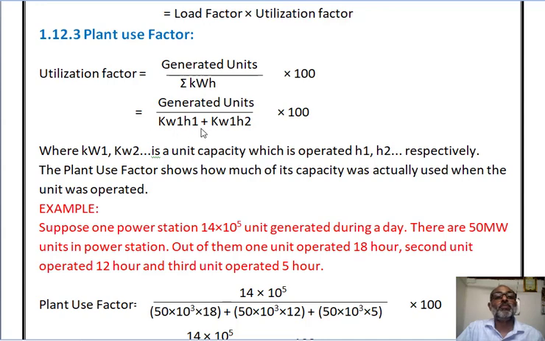If we are using more units, we can write kW1H1 plus kW2H2, where kW1 and kW2 are the capacities of units which are operated for H1 and H2 hours respectively. The plant use factor shows how much of its capacity was actually used when the unit was operated.